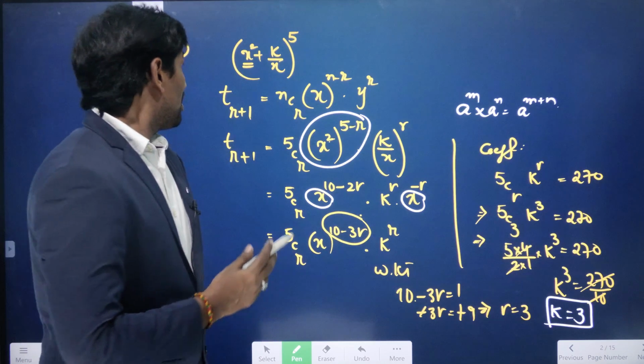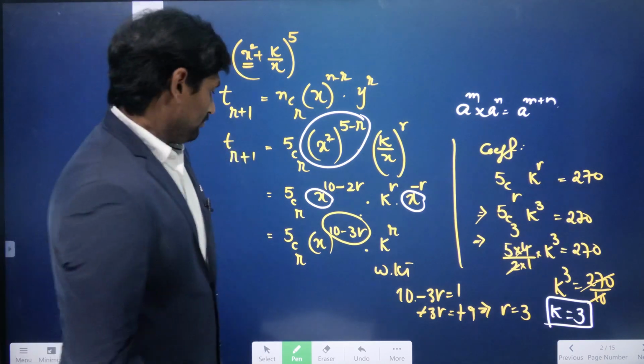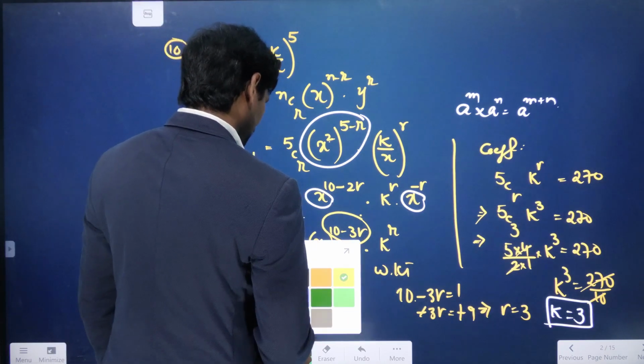Okay? Let us go to the next problem. Problem number 11 is given, in that the expression is (x plus x power log of x to the base 10) whole to the power of 5.